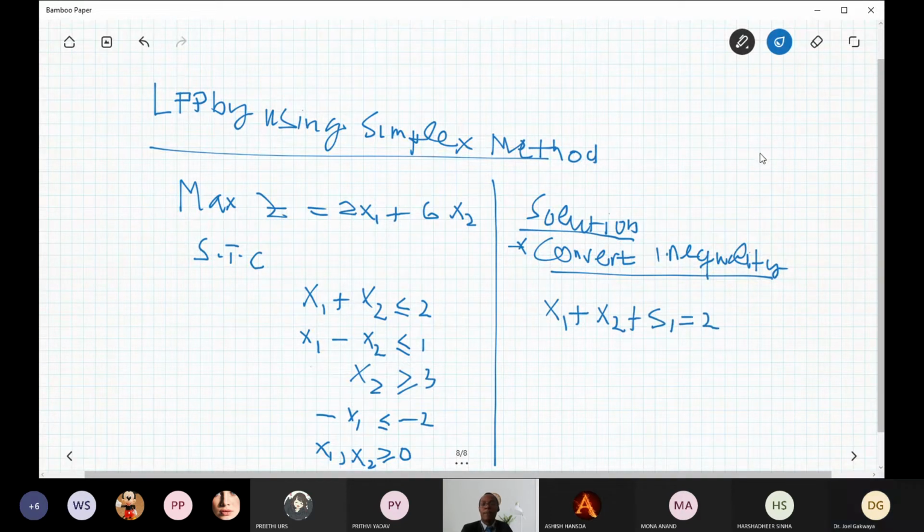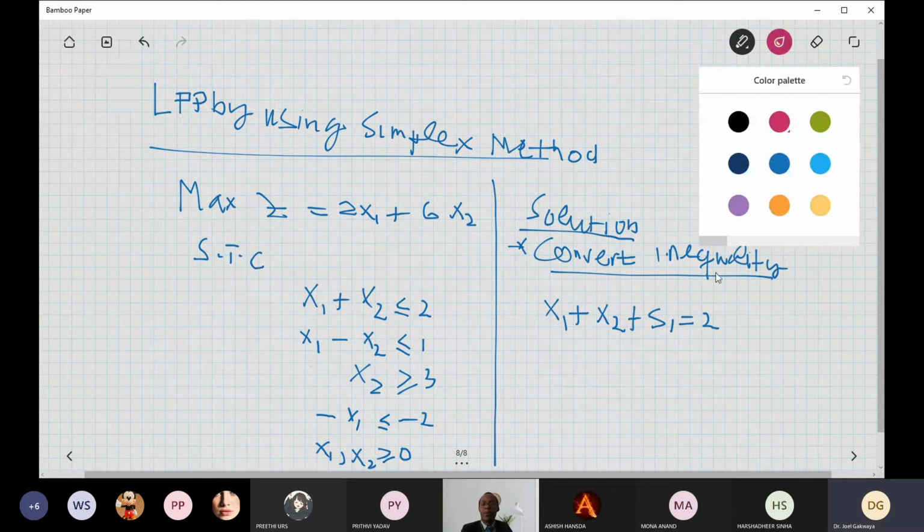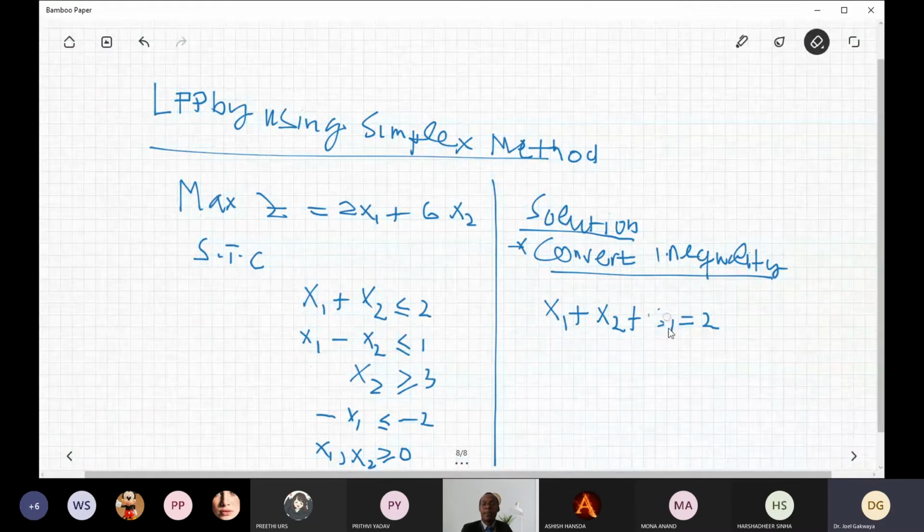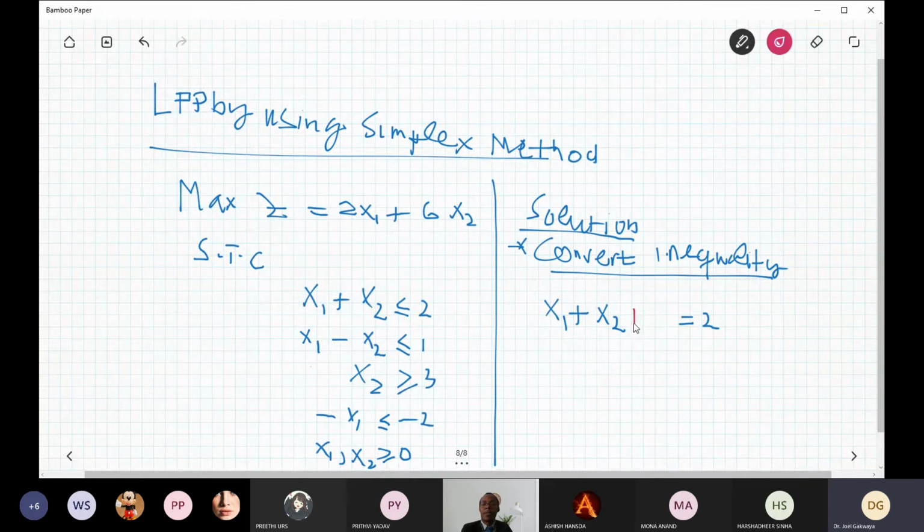Clear? Extra variables, I'm going to write them in a different color so you can understand. Plus S1.